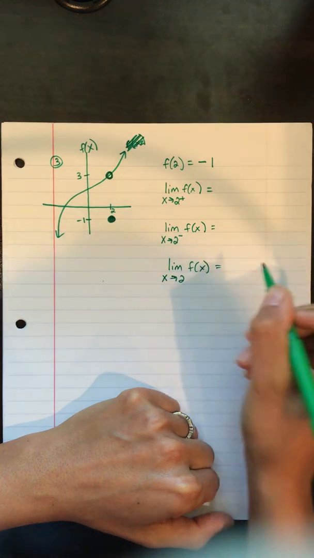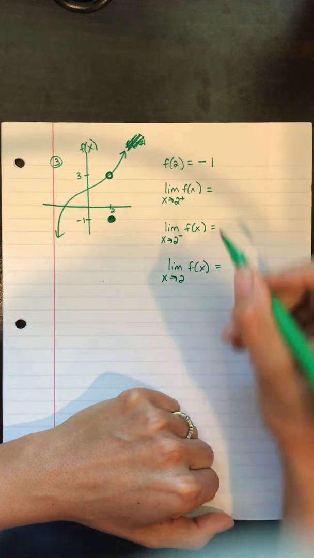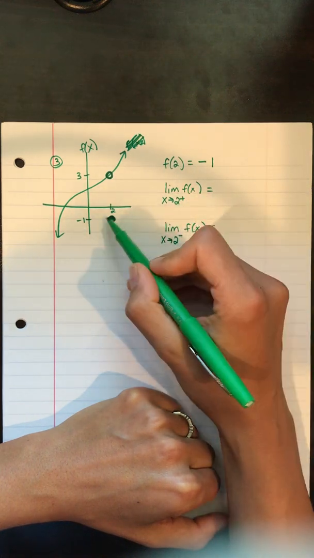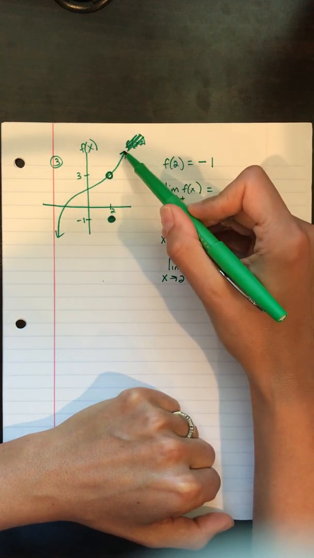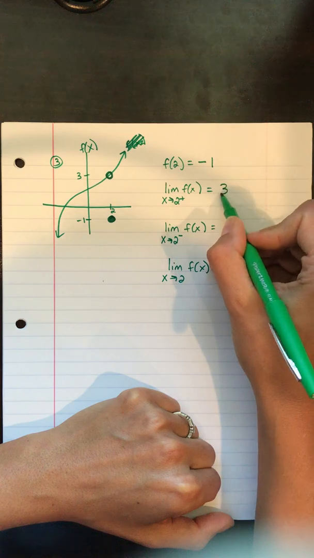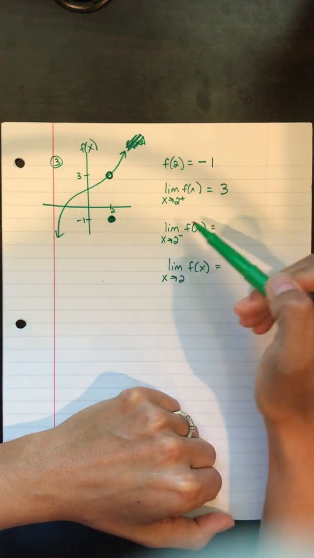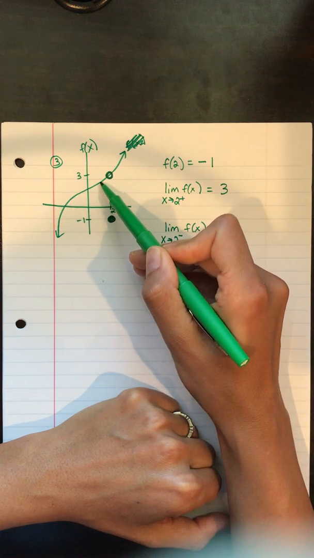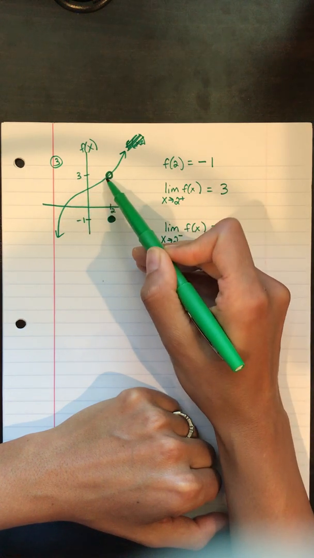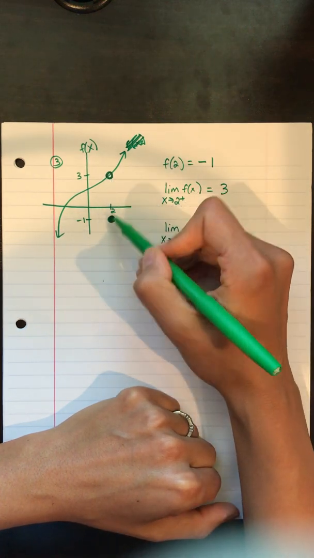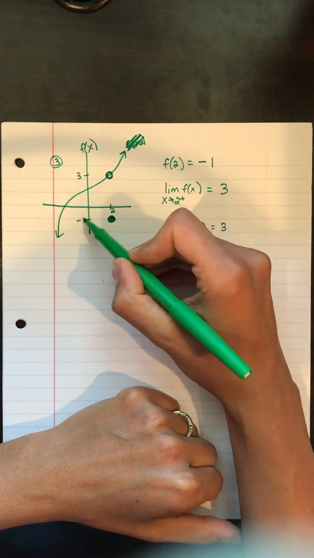Okay, well, I think we know in order to answer this last one, these two have to match up. So let's see. If I'm approaching 2 from the right, then I go onto the curve. It looks like my y value, still that I'm approaching, is 3. Then I go to the left side of 2, and I approach on the curve 3 also. You might be wondering, well, yeah, but at the 2, the function value is -1.